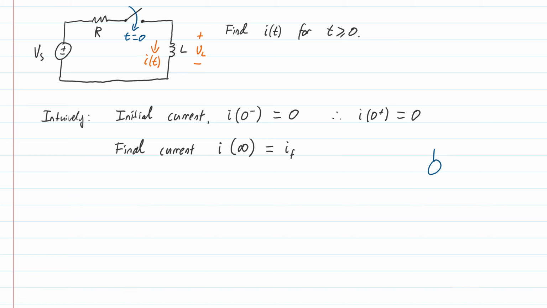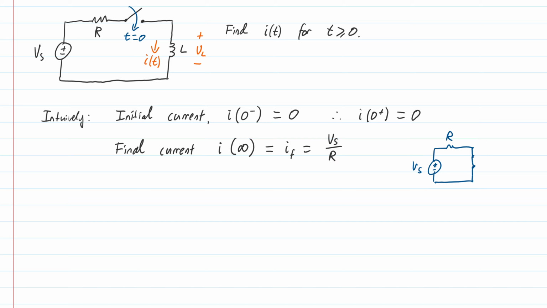So let's quickly sketch what this is going to look like. I have the voltage source, I have the resistor, and then the inductor just becomes the short circuit, so nothing particularly interesting there, and I get that really simple circuit. So the current is, by Ohm's law, Vs divided by R.